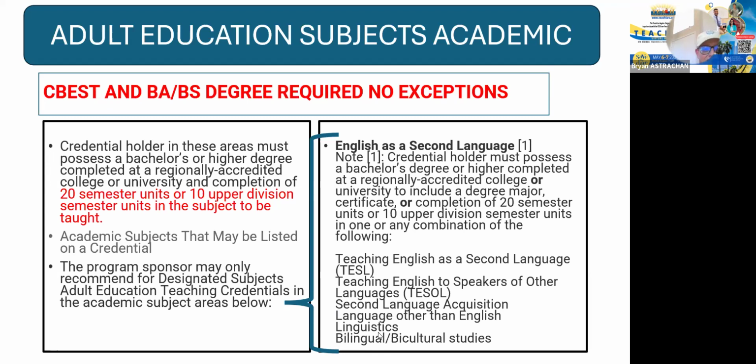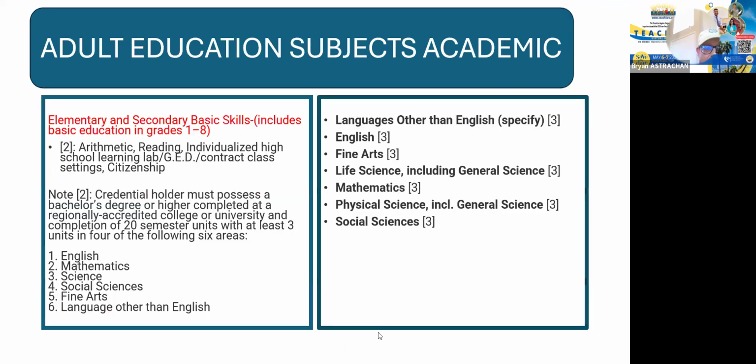If you go back and look on the other side, you'll see the program sponsor may only recommend for designated subjects adult ed credentials in the academic subject areas below. So let's go down a little bit more, and you're going to see some of these subjects, and there's lots of openings.